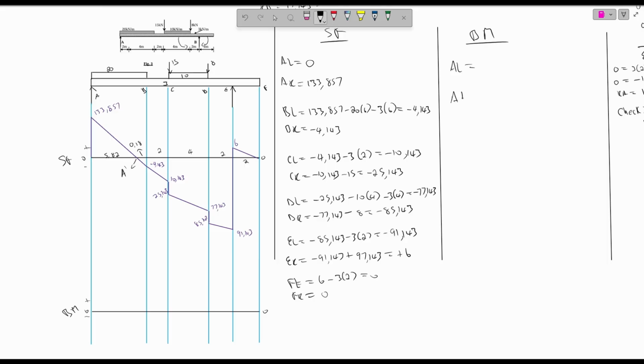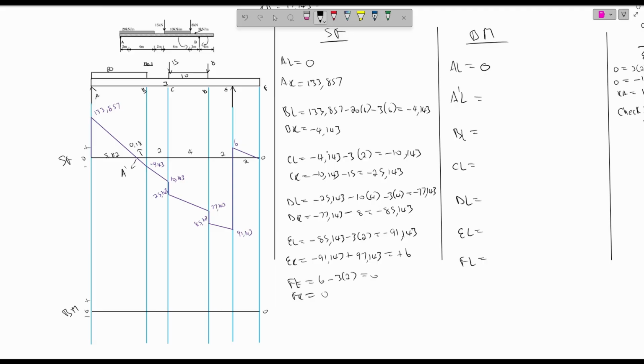We're going to have our A prime left, B left, C left, D left, E left, and F left.